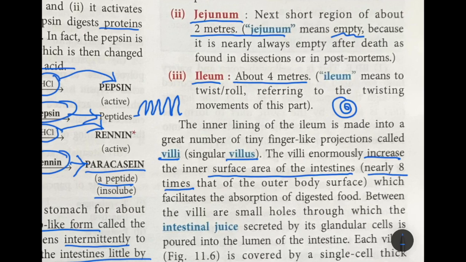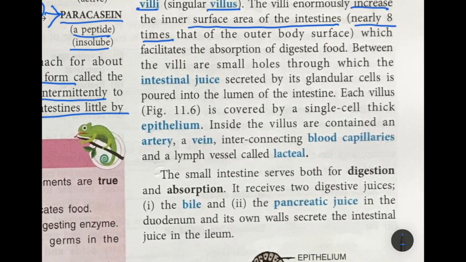Now in between the villi, you'll see there are small, tiny holes. From these holes, what comes into the small intestine? Intestinal juice, secreted by the glandular cells, is poured into the lumen of the intestine. Lumen means the space inside the small intestine where the food is moving.